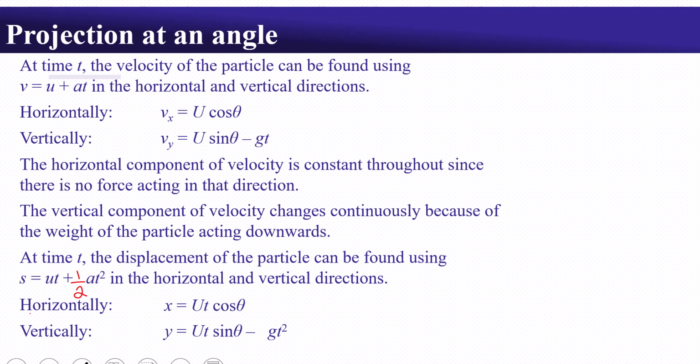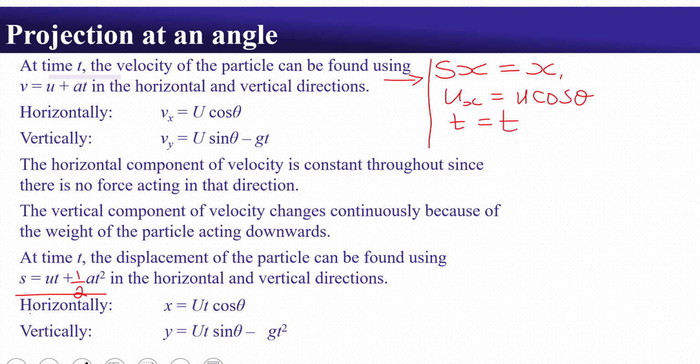If we substitute the information for x in this equation, we will have s in the x, since we are considering horizontal motion. S in the x will be equal to x, let's call it x, and then u in the x can be u cos of theta, t can be taken as t, and acceleration in the x will always equal 0.